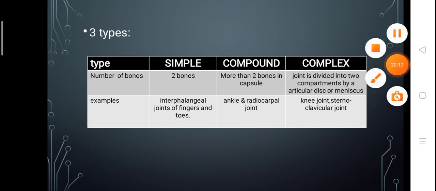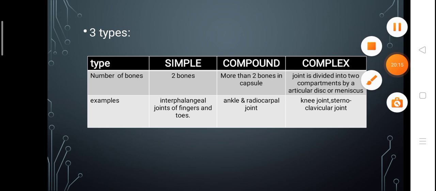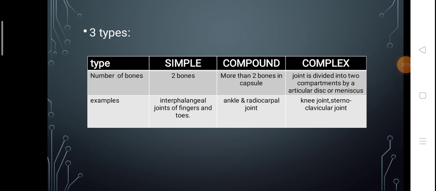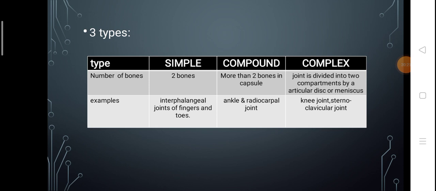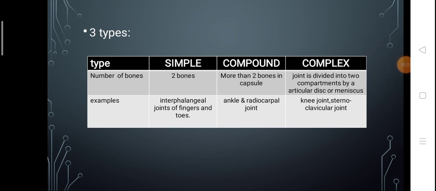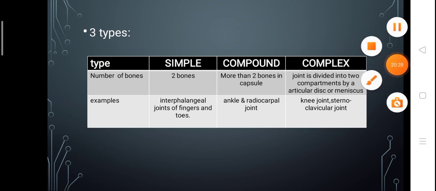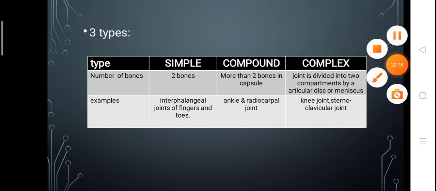In the case of compound joint, more than two bones participate in its formation, with examples like ankle joint and radiocarpal joint. In the case of complex synovial joint, the joint is divided into two compartments by articular disc or meniscus, such as the knee joint and sternoclavicular joint.